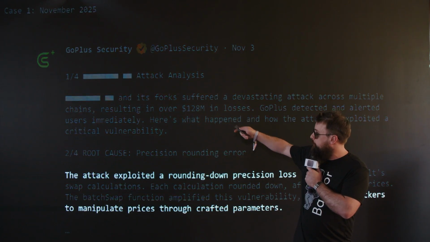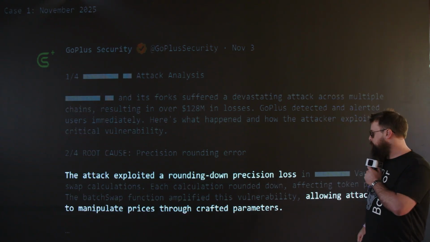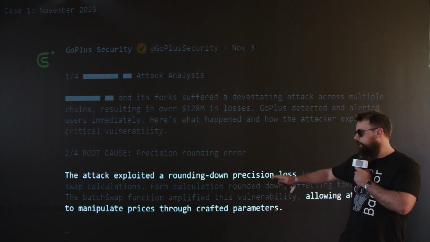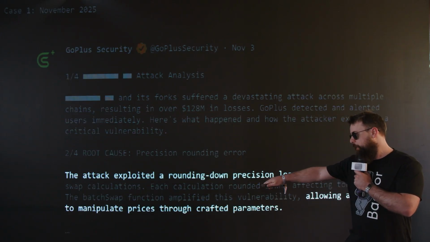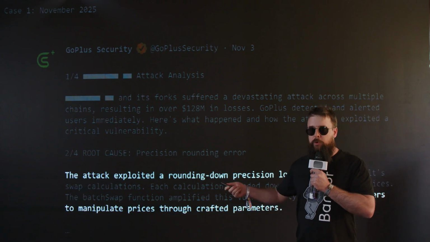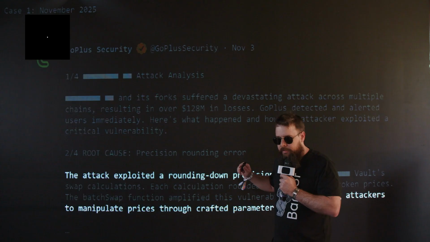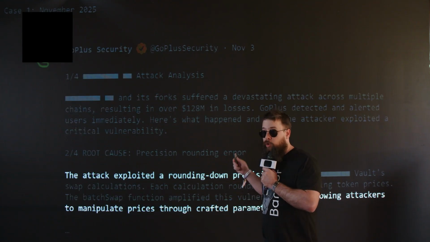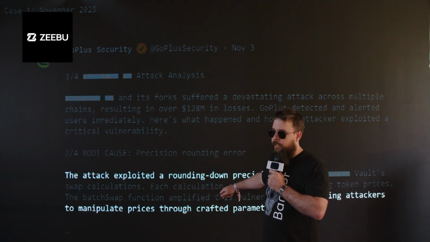This is the summary of this particular exploit, where the attacker exploited a rounding down precision error and then managed to manipulate prices and carefully constructed transactions to make the protocol do something that it wasn't designed to do. But I think that is an oversimplification. The protocol was designed to be exploited this way, right? That's what it means.